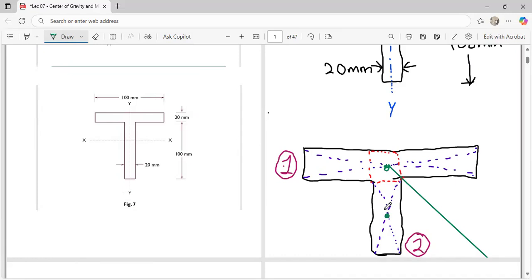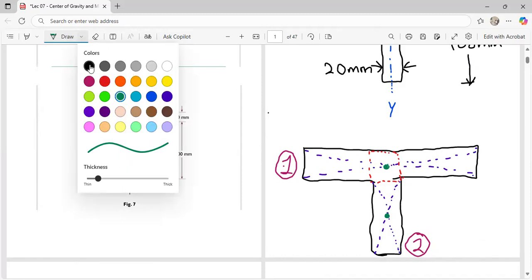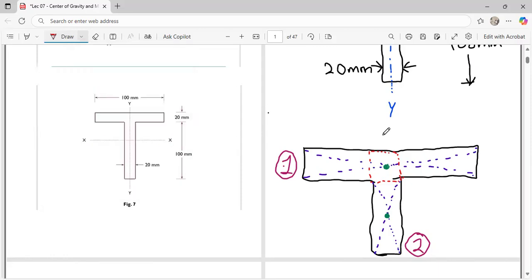What does that imply? That implies that their centers of gravity intersect. And because their centers of gravity intersect, it creates a straight line through them. And that straight line is our y-axis you are seeing over there.